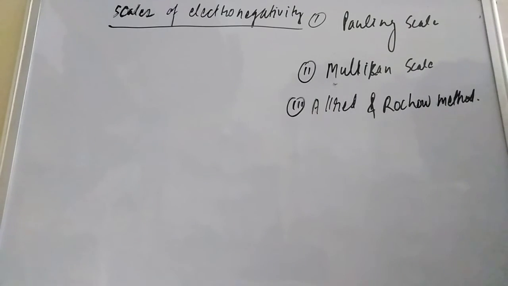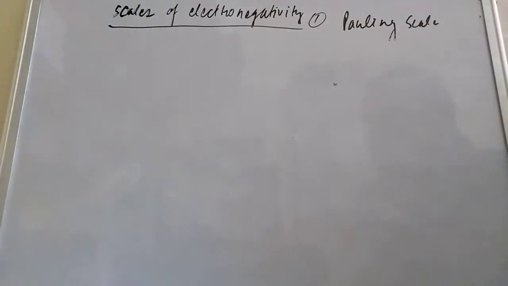The first one, the Pauling scale, is the most feasible one that we use in the calculation of electronegativity. In this video I am giving the formula and explaining it.